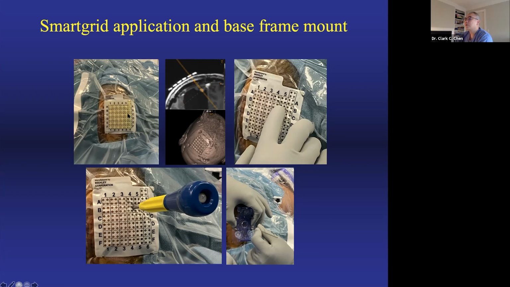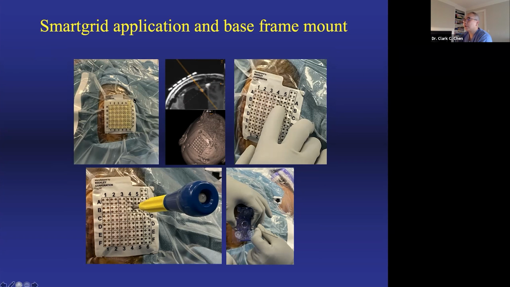The reason for this grid is to identify the precise entry point to the lesion. So for example, after the grid is applied, an MRI is taken, you can see a picture here, and you can see which of those grids correspond to the optimal trajectory that was predefined before the surgery.